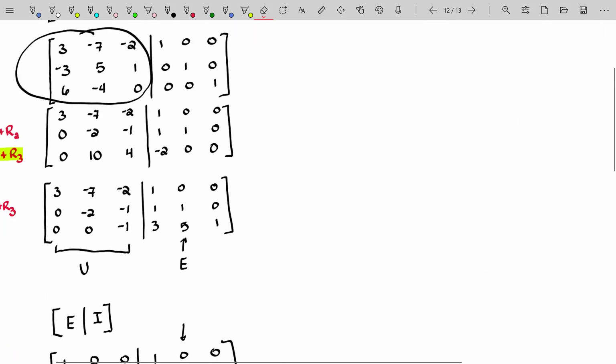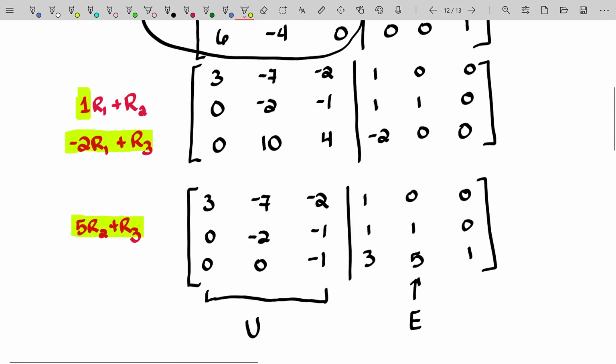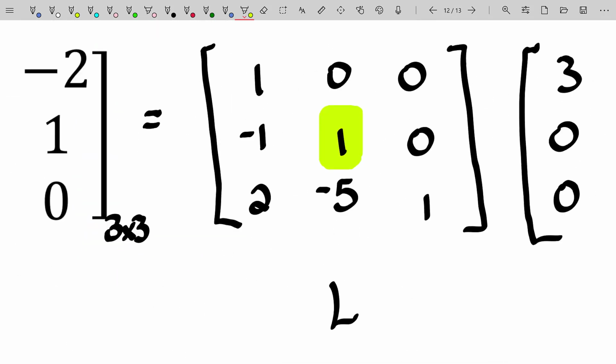And finally, taking a look at our final row operation, we would have taken, or we did take, 5 times row 2 and add it to row 3. The opposite of that would be to take the opposite of 5, or -5 row 2, and add it to row 3. Well, let's see what that would have done in this matrix up here. -5 times this 1, and add it down, that becomes a -5.